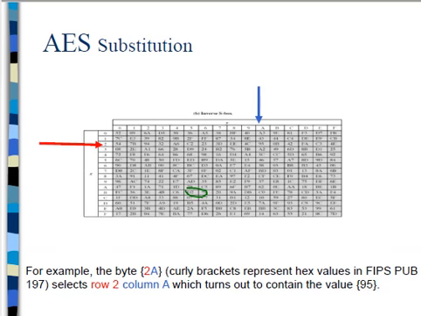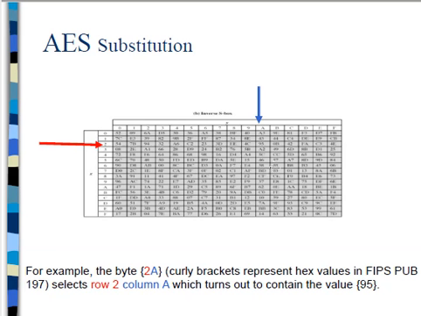Similarly, for the inverse, when we try to decrypt our value, we do the same thing. We have the value 2a. Hence, the left side shows the number of rows, and the right side, similarly, the number of columns.